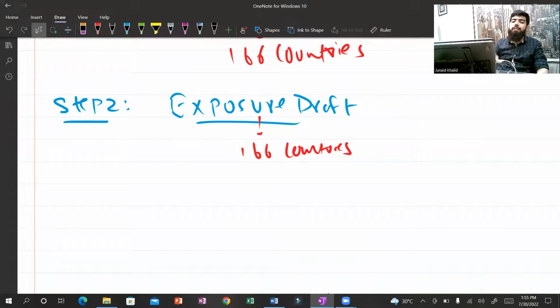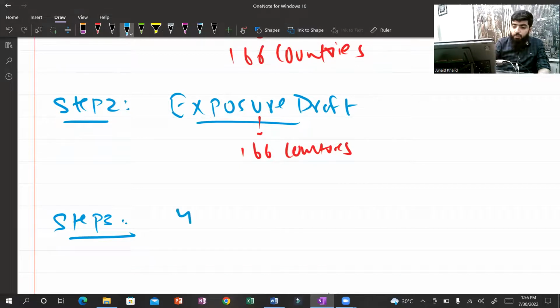People will again comment. Some of the countries might suggest some different accounting treatment, and again the comments will be received by the IASB, International Accounting Standard Board. Afterwards, once the comments are received, step 3, that exposure draft will be upgraded.